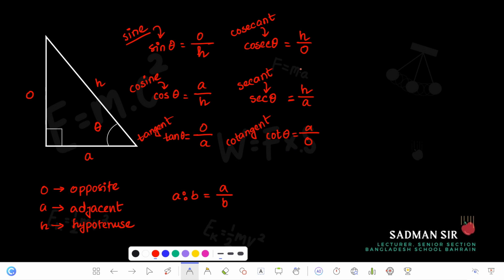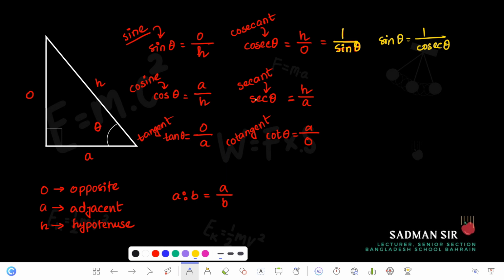Okay, so from here we can write one more thing, that cosec theta is just the opposite of sine theta, right? So we can write cosec theta is equal to 1 by sine theta. And then again I can write sine theta is equal to 1 by cosec theta. That means they are reciprocal of each other.